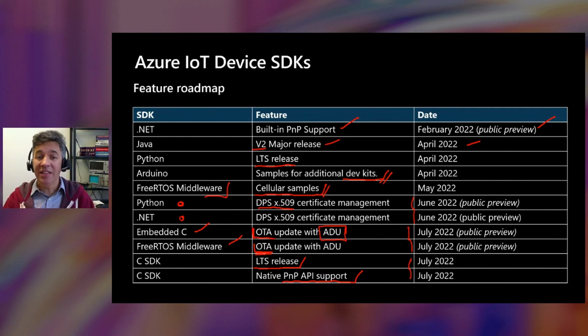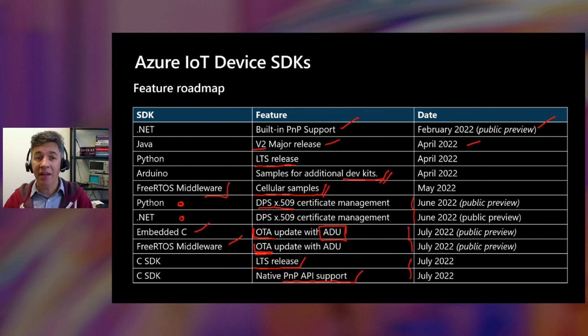So please take a look at our SDKs. If you have questions, if you have comments, we're always happy to engage with you. If you find anything that's not working well for you, please log an issue in our GitHub repositories.